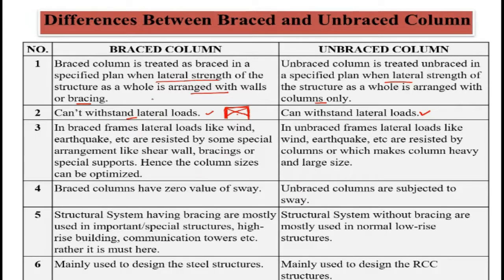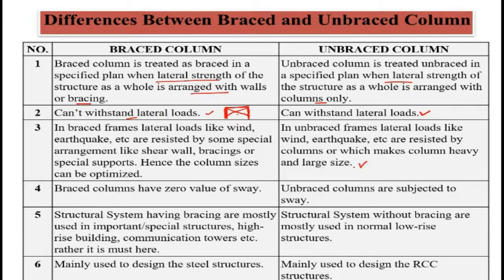Okay, untuk braced column lagi, in braced frame, lateral load like wind, earthquake, etc. are resisted by some special arrangement like shear wall, bracing or special support. Hence, the column size can be optimized. Okay, samalah tadi. Dia cerita balik je ni. In unbraced frame, lateral load like wind, earthquake, etc. are resisted by column, which makes column heavy and large size.